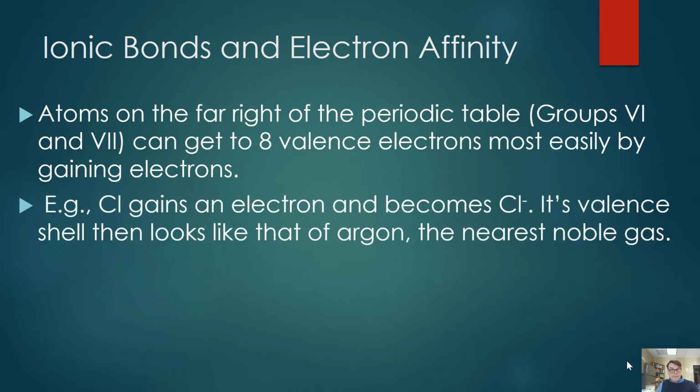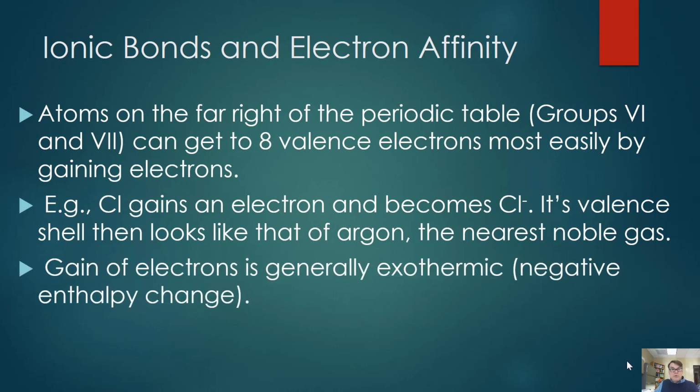So chlorine, which naturally has 7 electrons in its outer valence shell, only has to gain an electron and it's reached 8, a noble gas. So chlorine has a high electron affinity and wants to take an electron and become chlorine -1. Then its valence shell will look like the valence shell of argon, the nearest noble gas.